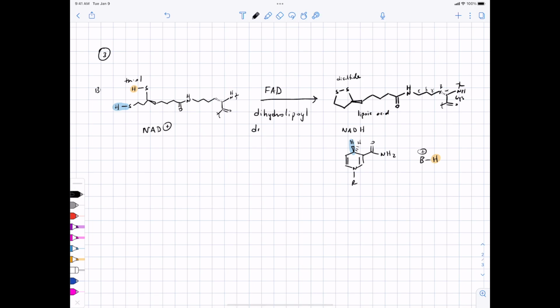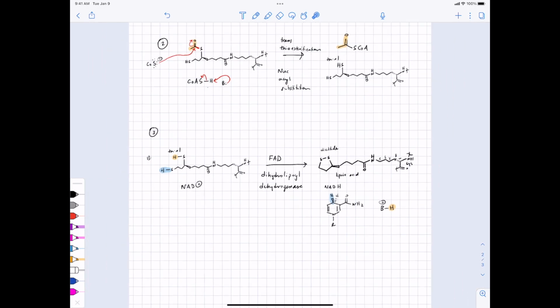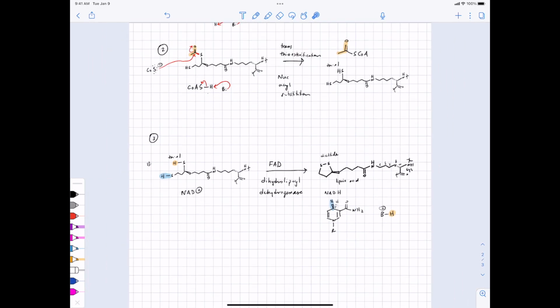And then dehydrogenase tells you that you're removing those 2 hydrogens from your thiol to get your disulfide, and NADH and a base carry away the proton and the hydride respectively. So by the time we get to step 3 of this 3-step process, we've already got acetyl-CoA. Step 3 is just about regenerating the disulfide so we can go around the cycle again. All right. Don't have to know that mechanism, just want you to be aware of what's happening there.